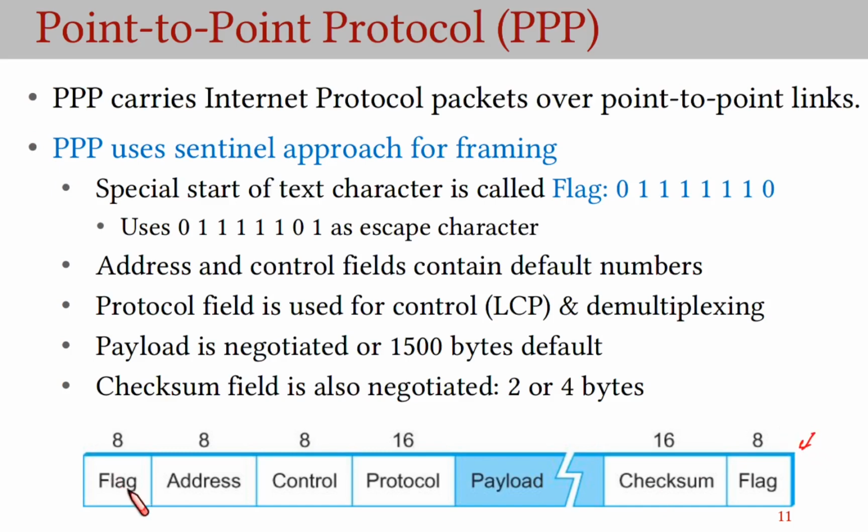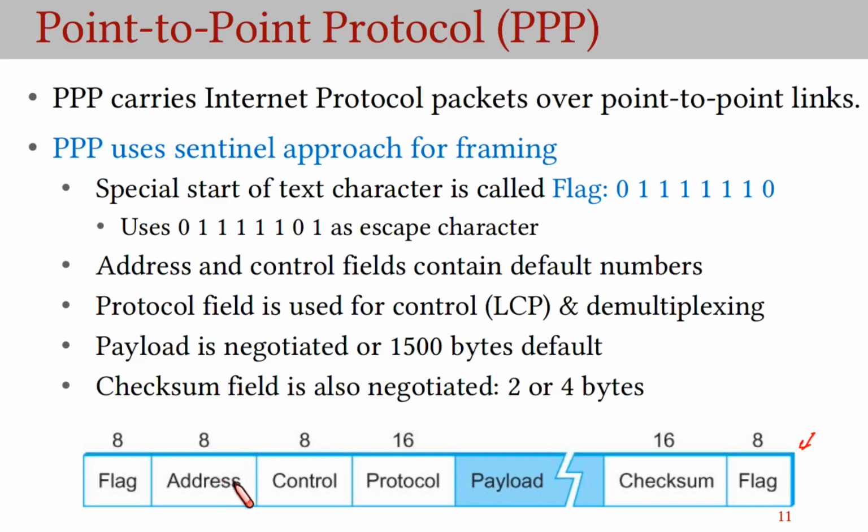The flag fields at the beginning and at the end of the frames contain the Sentinel character. In the case of PPP, this is 0 followed by 6 ones followed by another 0. PPP uses 0 followed by 5 ones followed by 0 followed by 1 as escape character for byte stuffing.